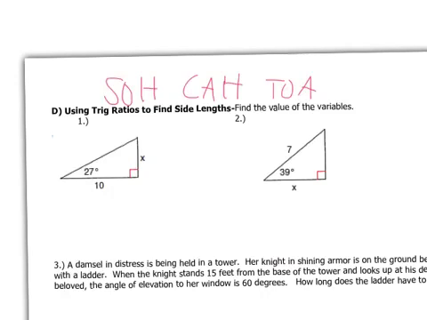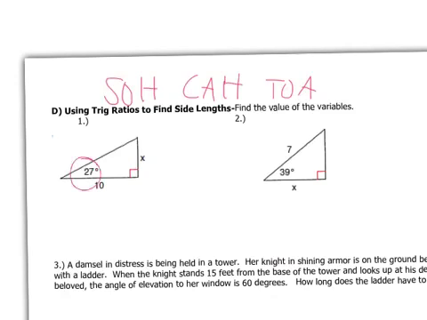What tends to happen is you look at these triangles and assume it's a special right triangle. 27 degrees is not one of our special right triangles, so our special right triangle rules do not apply for this triangle. Just be sure you understand that.